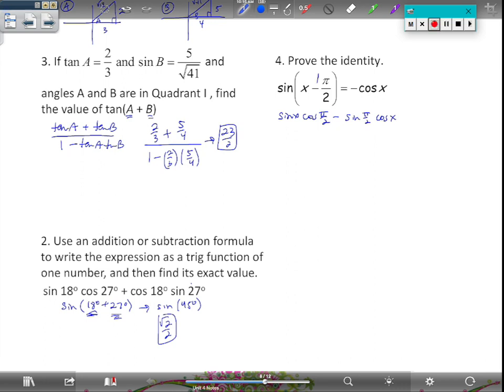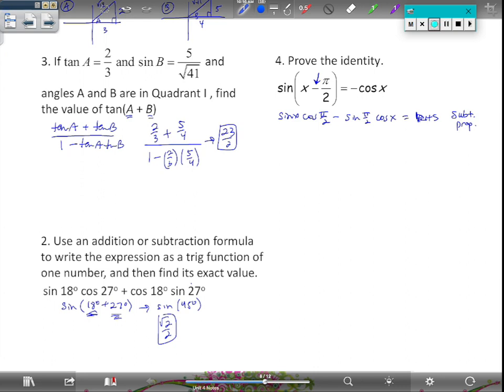Notice this subtraction sign right here. That decided which formula I was going to use. It did not make the pi over 2 negative. Okay, it just determined which formula I was using. I'm using the subtraction formula. But the pi over 2 is positive. Okay? All right, so that's equal to the right-hand side, and the reason is subtraction property.